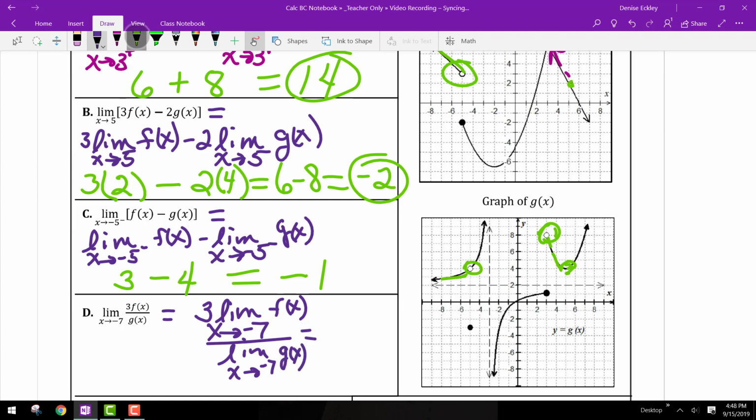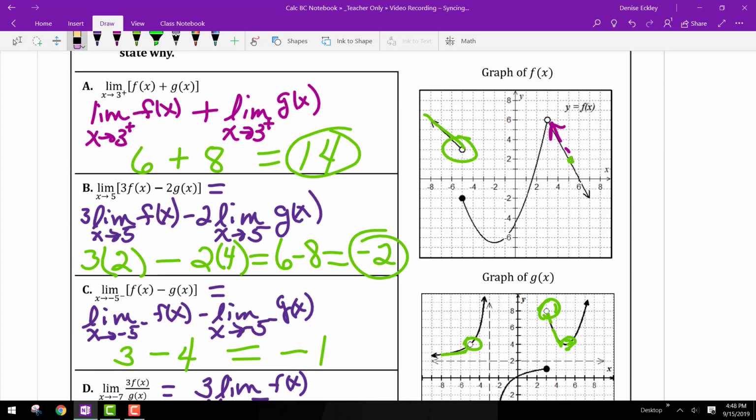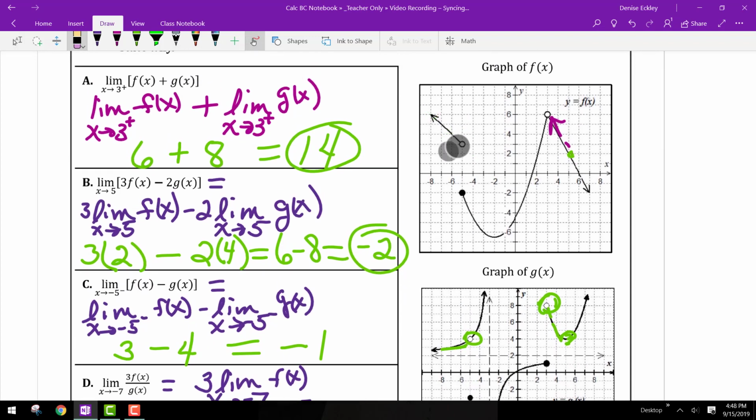So looking at our graphs one more time. So the value of the limit at negative 7 for f of x. So moving back up here, erase some of this off here. When we look, negative 7 is here. The value of the function is 5, so we are right here. And when we look at g of x, as we approach negative 7, we are right here at 3.